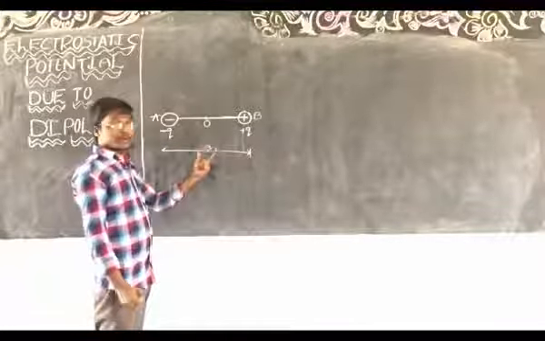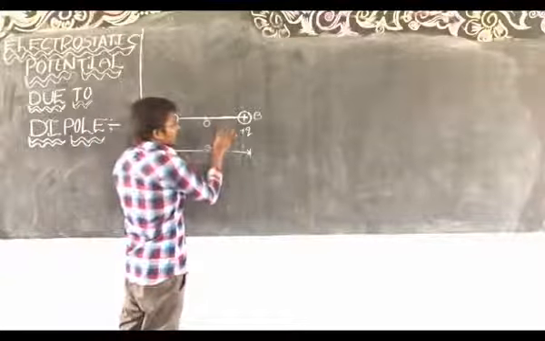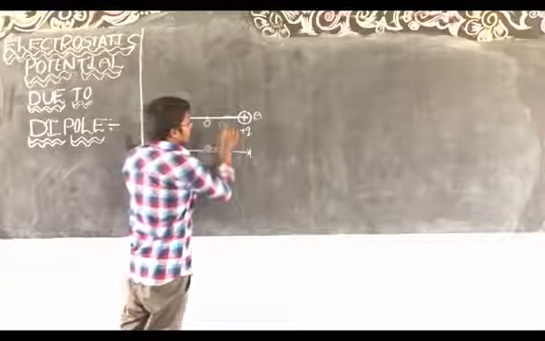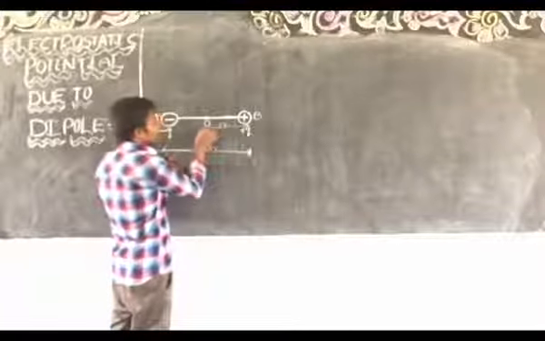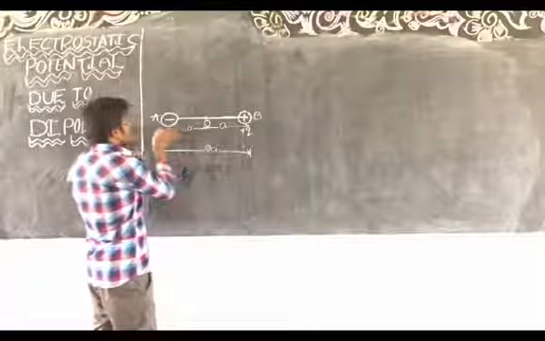This total is 2A, which means this is half and this is half. So from here to here this is A, and this is also A.